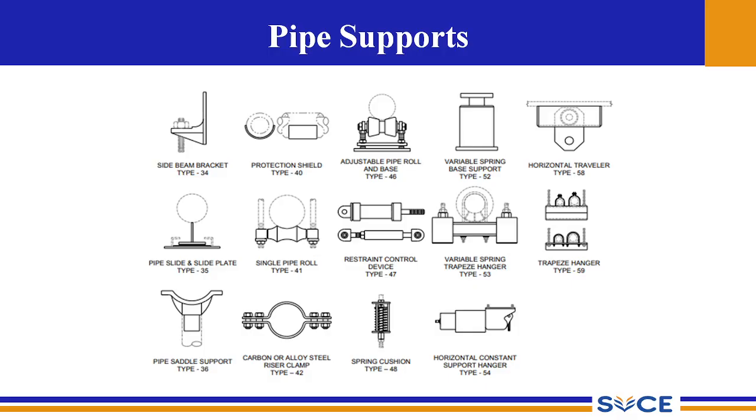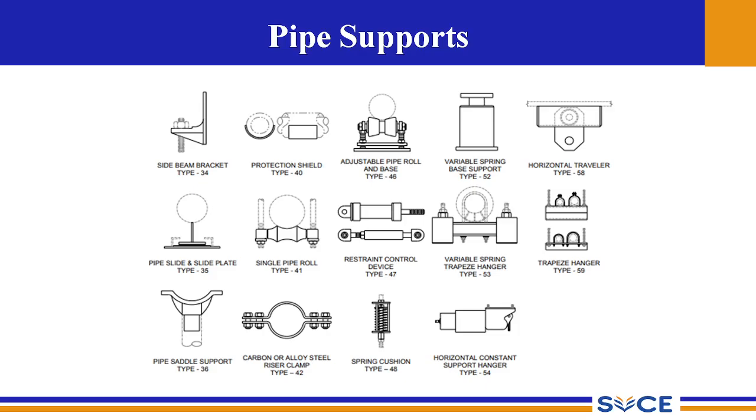So swaying is a movement back and forth as a kind of a swing. And if you want to prevent this swinging during the shock loading in the hydraulic systems, we have to use a restraint control device. So it is a rigid mechanical spring or a hydraulic device that will be used to control the swaying in the pipelines.